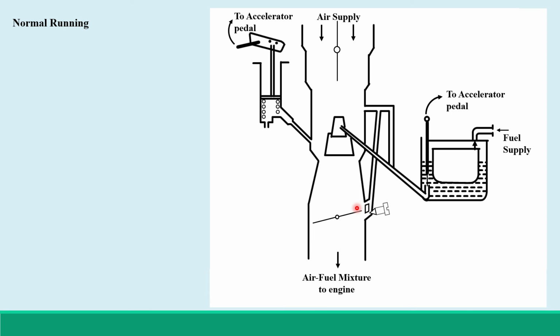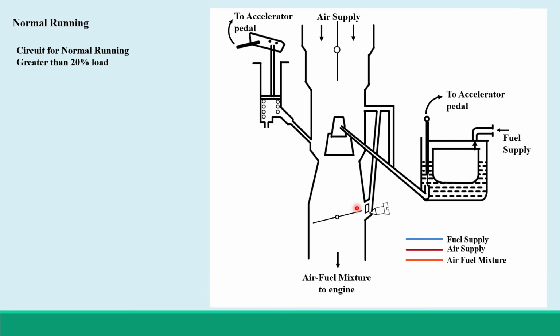During normal running, you have the capacity more than 20% of the load. You have this float chamber with the fuel supply.